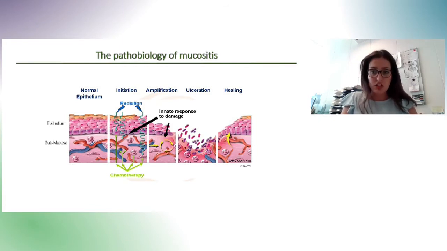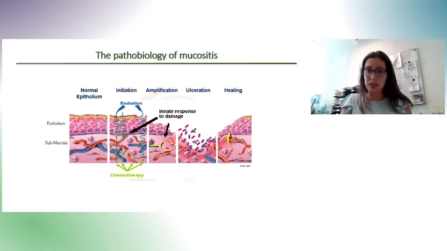These reactive oxygen species will activate specific pro-inflammatory signaling, including the NF-κB pathway, and this will lead to the production of massive amounts of pro-inflammatory cytokines and chemokines. Ultimately this exacerbated inflammatory response will result in the break of the epithelial layer and in the translocation of the bacteria that are in the gut to other sites of the body.